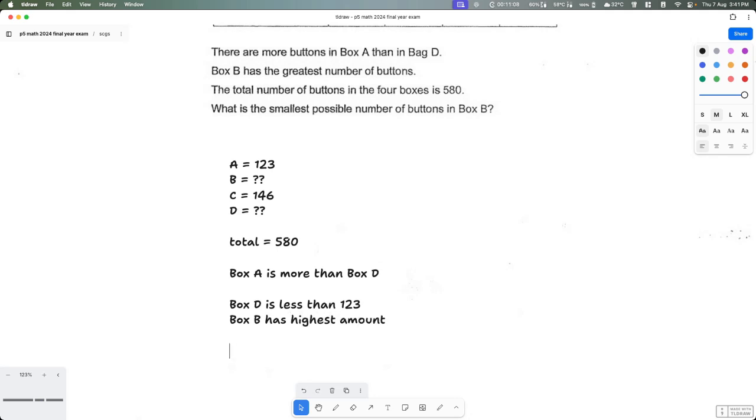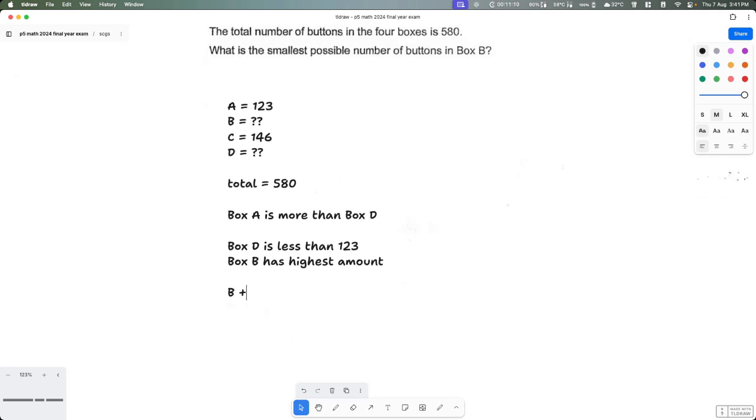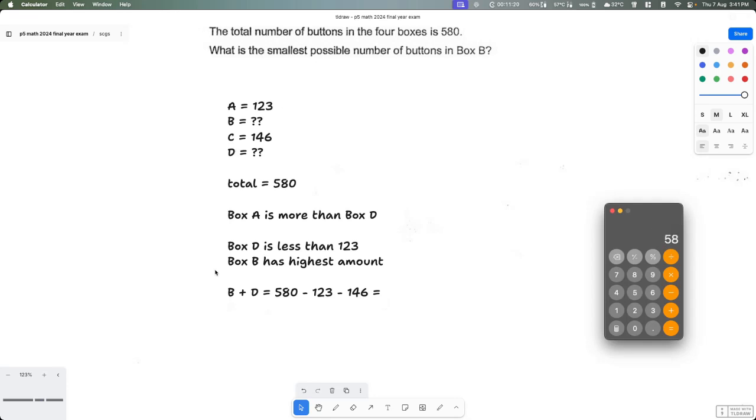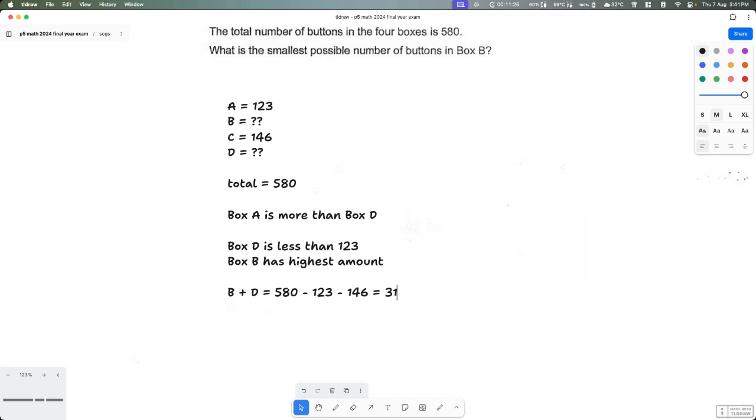So from here, B plus D is equal to 580 minus 123 minus 146. This will give us 311.